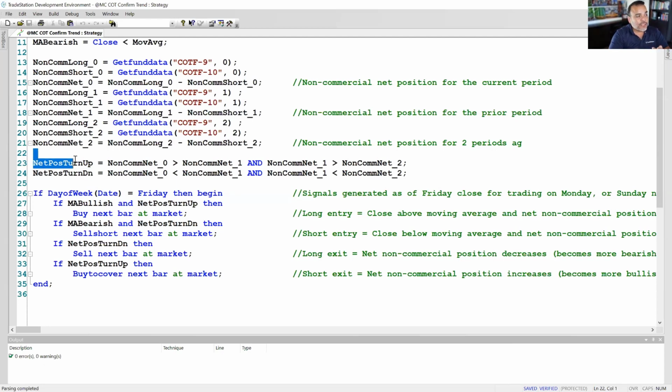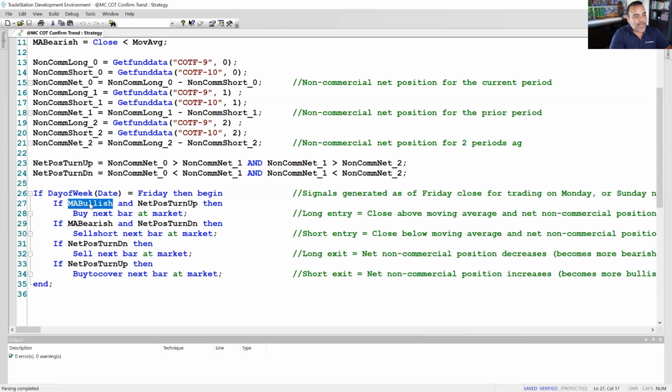So when it's turning up, we're looking at the value on the most recent week, making sure that it's greater than the previous week, and the value of the previous week, we want to make sure that it's greater than 2 weeks ago. So we're wanting to see the net position increase at least 2 times. That is what we're using this net position turn up as a filter.